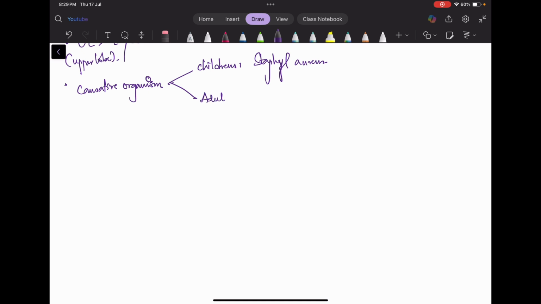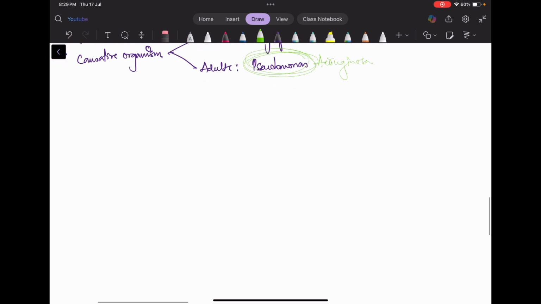Then in adults, Pseudomonas. How does it look? On culture it looks green in color due to its property. It secretes pigmentation on culture. Okay, Pseudomonas aeruginosa.